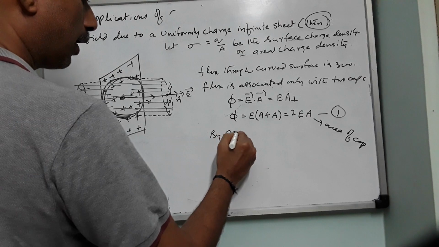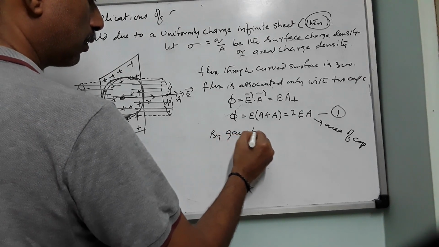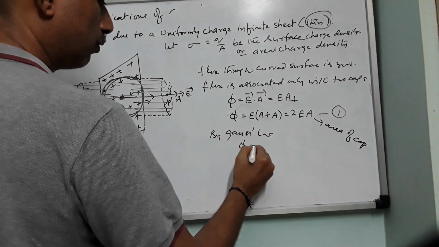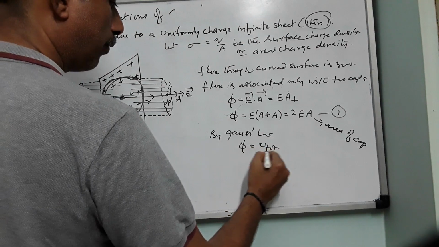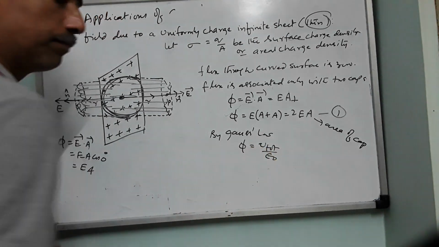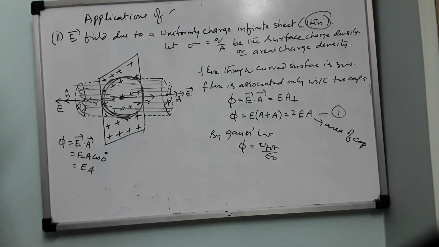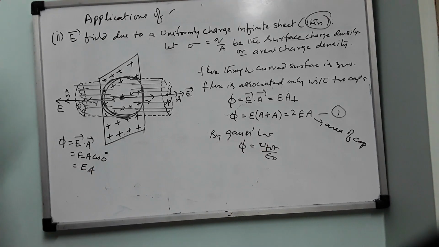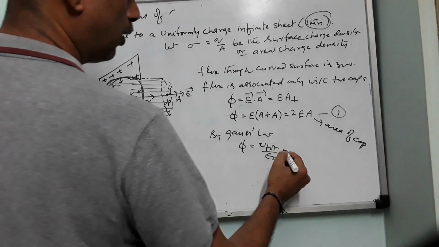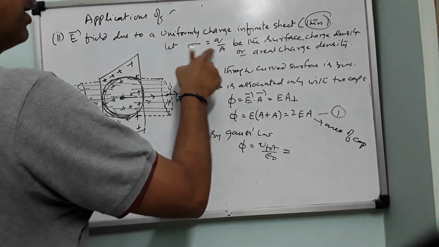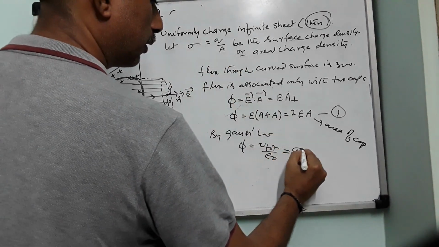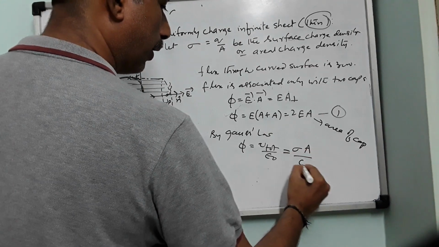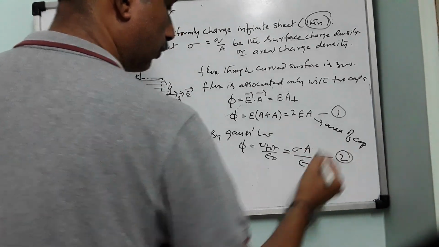Now we use Gauss law. By Gauss law, phi equals Q total divided by epsilon 0. The flux through any closed surface is 1 by epsilon naught times the total charge enclosed by it. So what is Q total? Q total is nothing but sigma into A. So this is sigma into A whole divided by epsilon 0, equation 2.